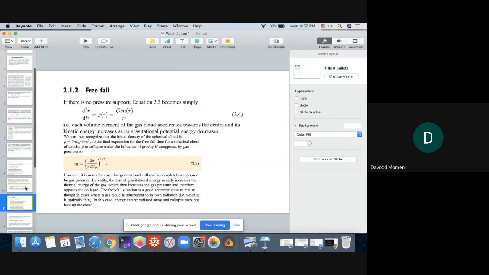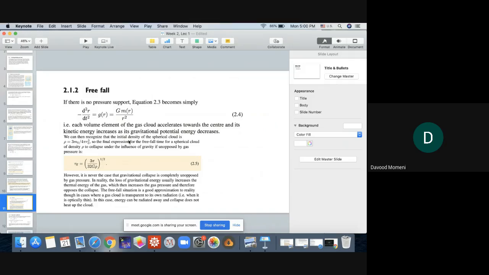For free fall, if you forget about the pressure gradient, you have to solve this equation, and this equation is very complicated. This is a differential equation that gives you R versus time, and you also need to have the mass profile. If you give me the mass profile, I can solve this equation, but it is not always easy to solve.